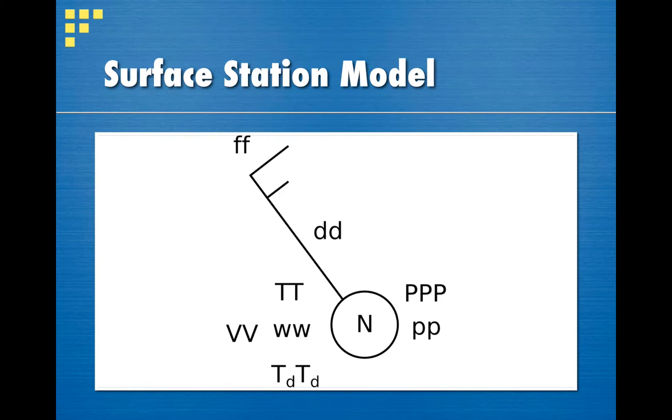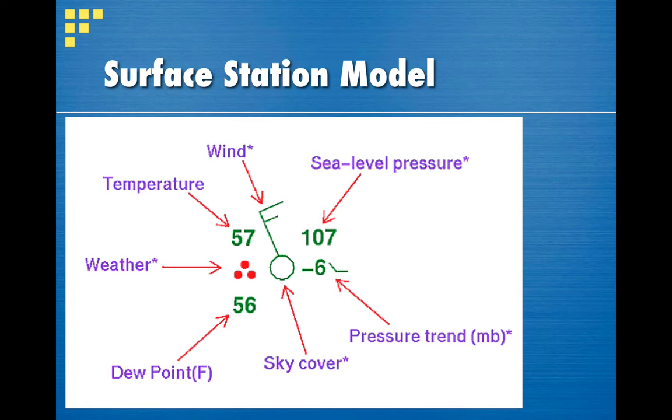And so here might be an example of an interpreted surface station plot. So we have here 57 degrees Fahrenheit at the surface. And then dew point is also in Fahrenheit, as indicated here on our plot. And so that's a pretty high dew point. Relative humidity would be pretty high in this case.